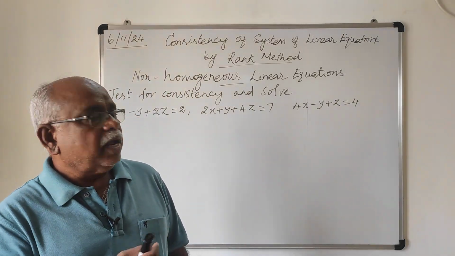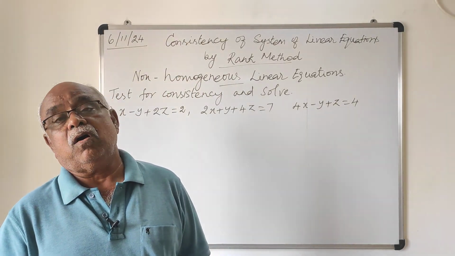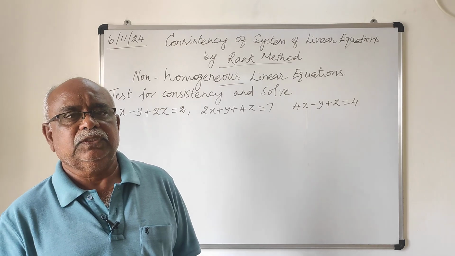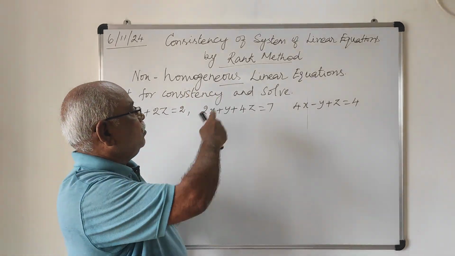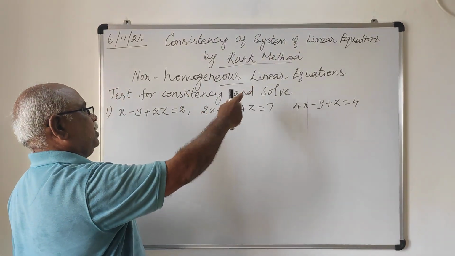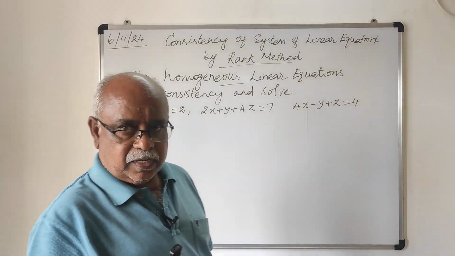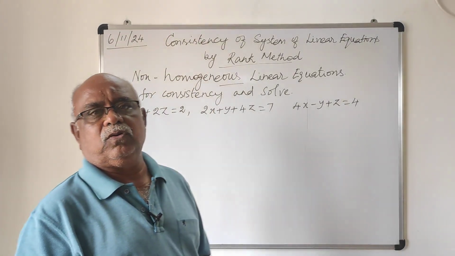Like that, the highest order of the non-vanishing minor is the rank. By using the rank method, we are going to solve this system of linear equations. For that, we first test the consistency and then solve.